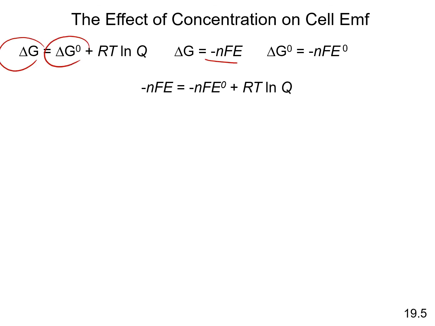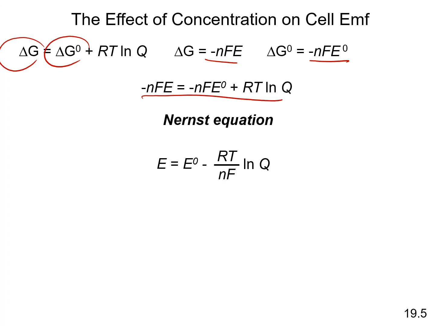So we get this expression, and we rearrange this. This will give us what we call the Nernst equation.